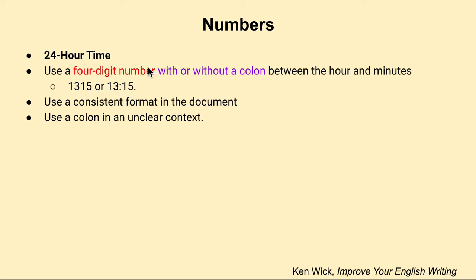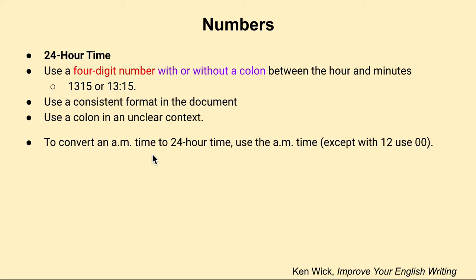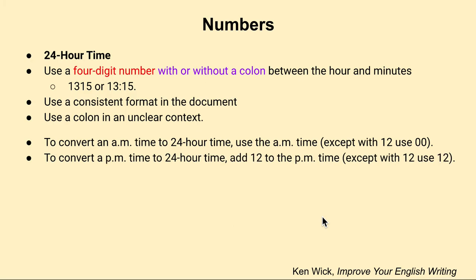I think the colon looks a little bit more universally understood to be a time measurement for most people who do not use the 24-hour time measurement. And to convert an AM time to a 24-hour time, use the AM time, except with 12, use 00. And to convert a PM time to 24-hour time, add 12 to the PM time, except with 12, use 12.